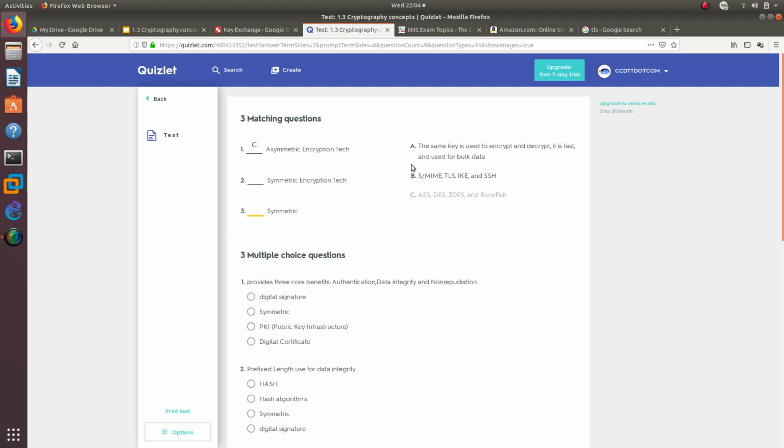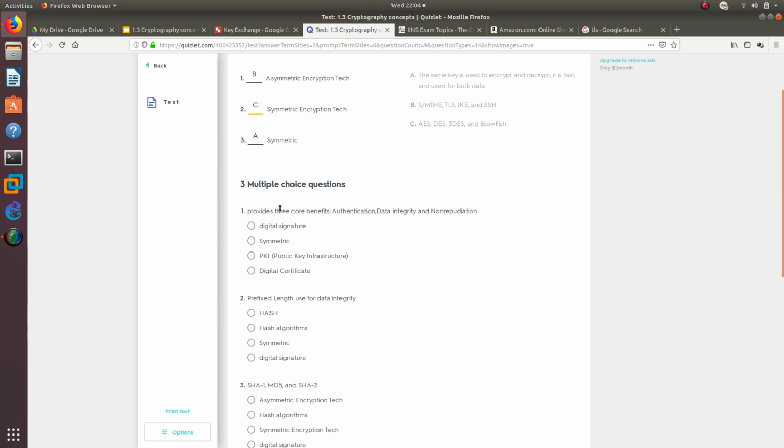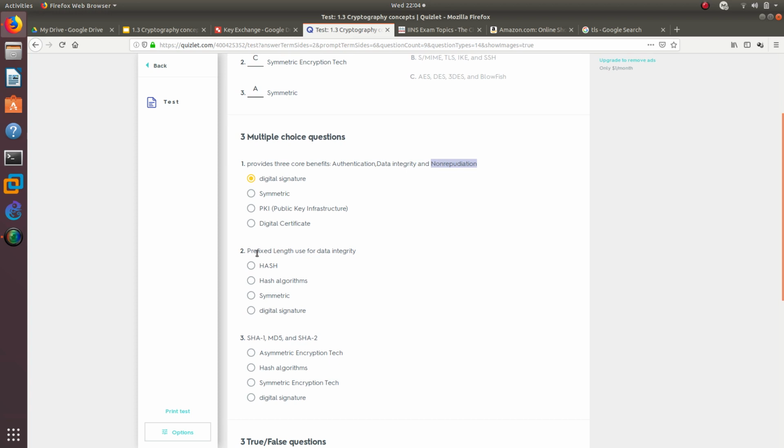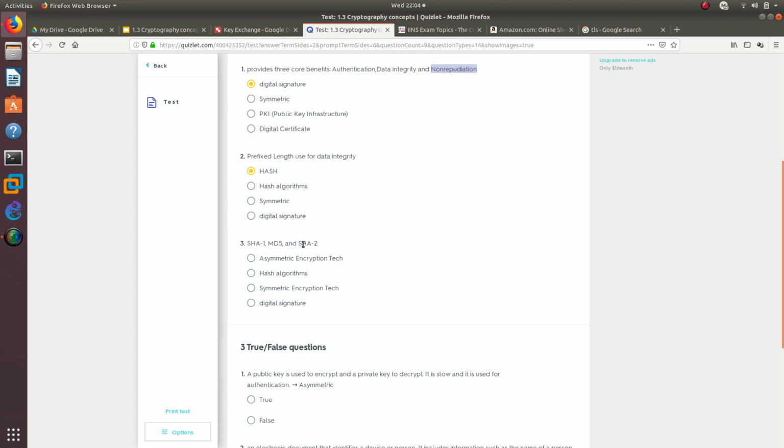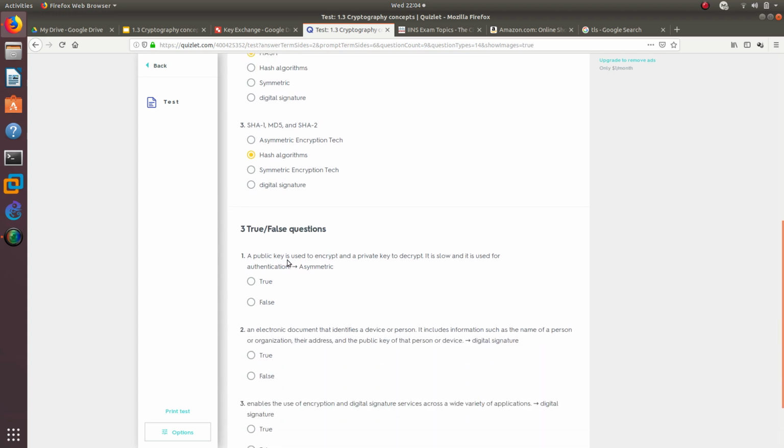So this one is A. And let's see, this one is actually B. This one is C, I think so, yeah, if I remember. So provides three core concepts: authentication, data integrity, and non-repudiation. This is a digital signature. Prefix length used for data integrity. This is a hash: SHA-1, MD5, and SHA-2. These are our hash algorithms.